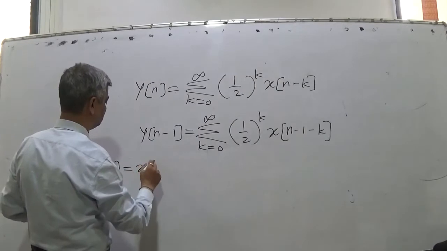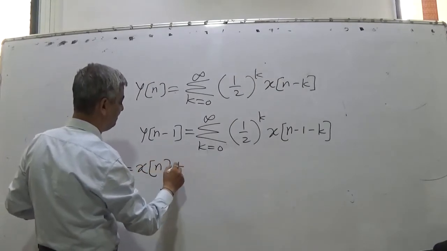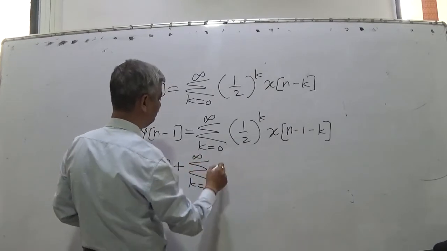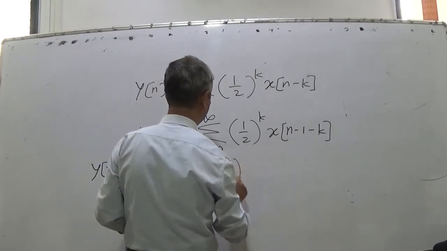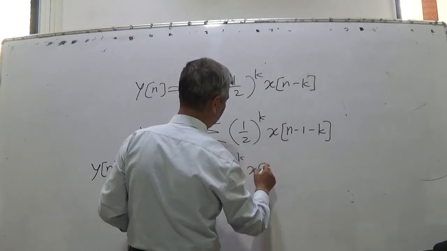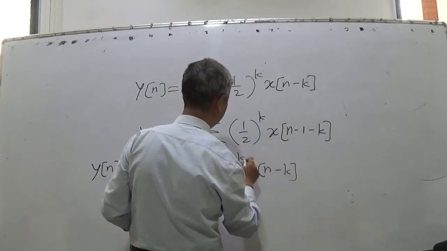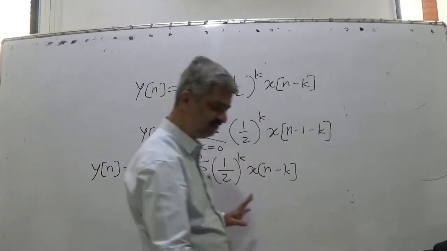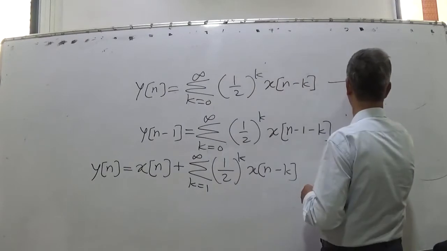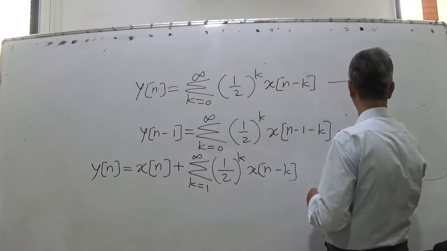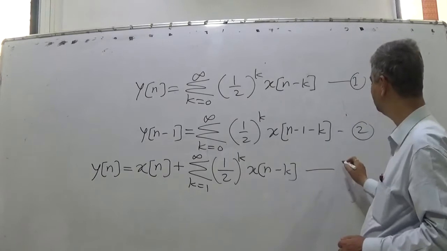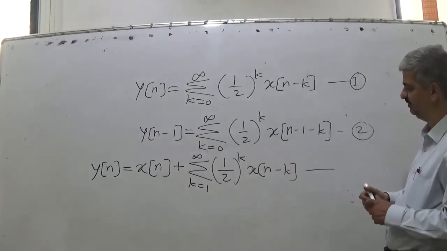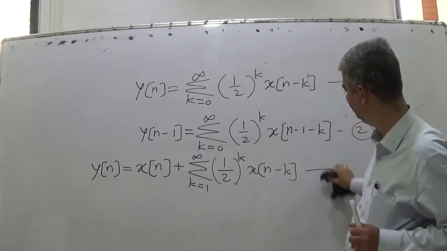So yn is equal to xn plus the remaining from k equal to 1 to infinity, half raised to k x of n minus k. Is it right? This was expression 1, this is expression 2. I just rearranged expression 1 in this way.